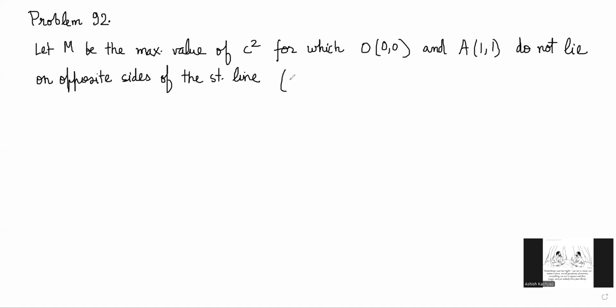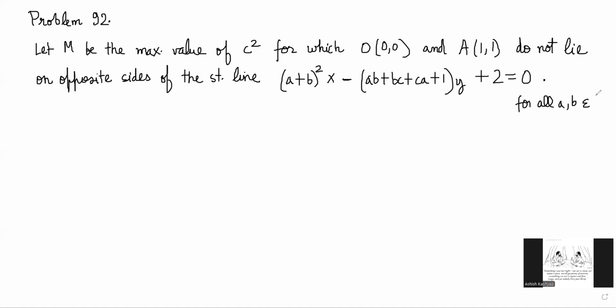The straight line equation is (a plus b) whole square x minus (ab plus bc plus ca plus 1) times y plus 2 equals 0. And this is true for all a, b belongs to reals.